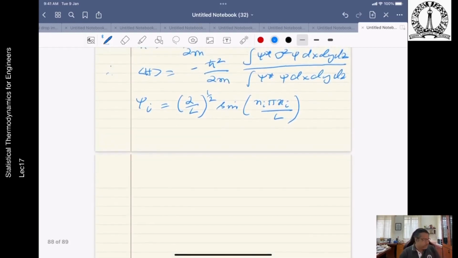This is what we found out from the boundary conditions. The mean energy becomes, so you just have to plug this in.